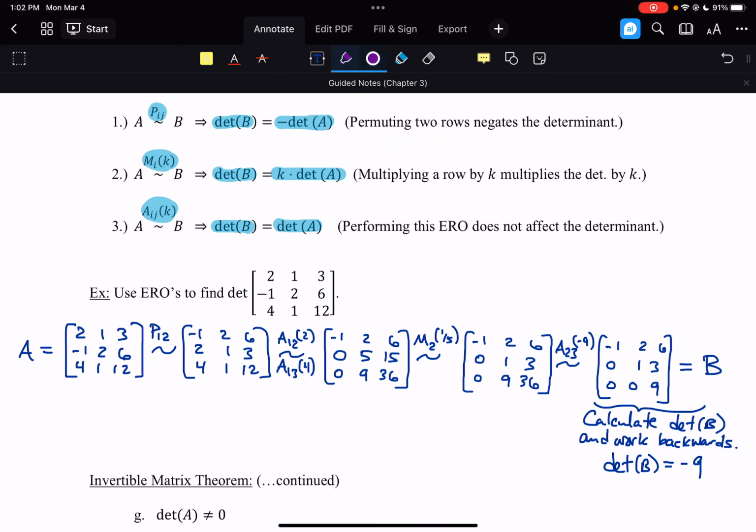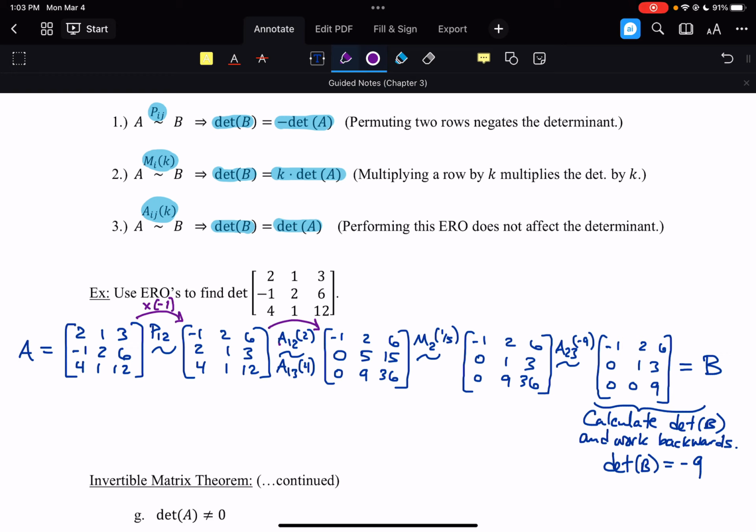Now let's go ahead and look back at what we did to get from A to B. So we permuted 2 rows, which means that the determinant got multiplied by negative 1. Let me just write it symbolically. So times negative 1.